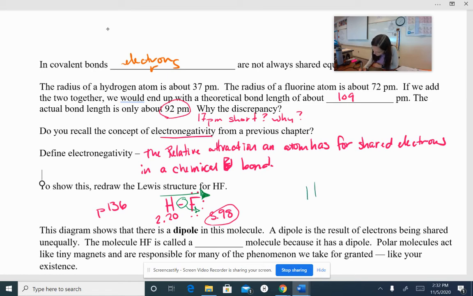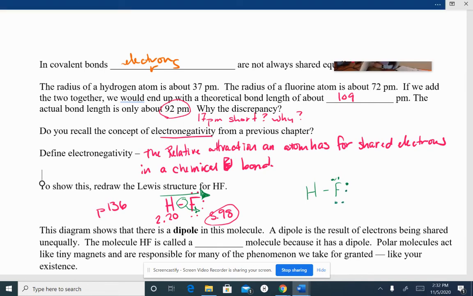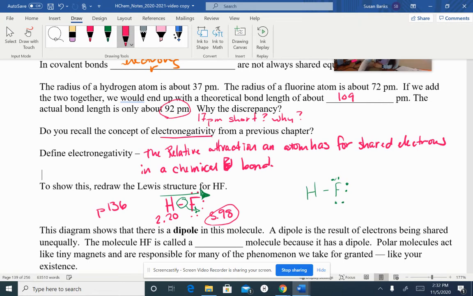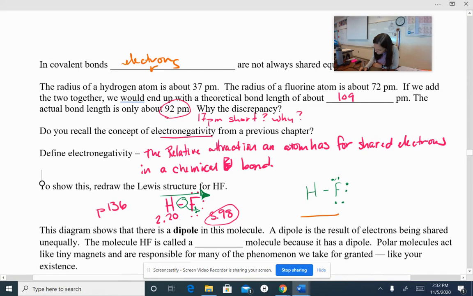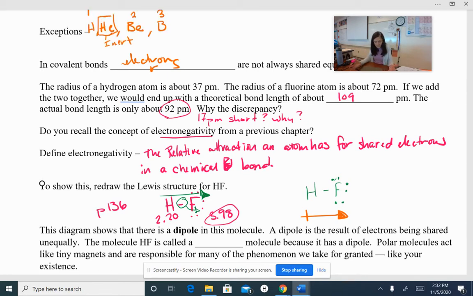So if I do that, we put in an arrow showing the direction that the electrons are going to be pulled. I will put an arrow in towards fluorine because that's the direction the electrons are going to be pulled. And I'll put a little hashtag here by the hydrogen end showing that the hydrogen is going to be partially positively charged because it's not going to have its fair share of the shared electrons.